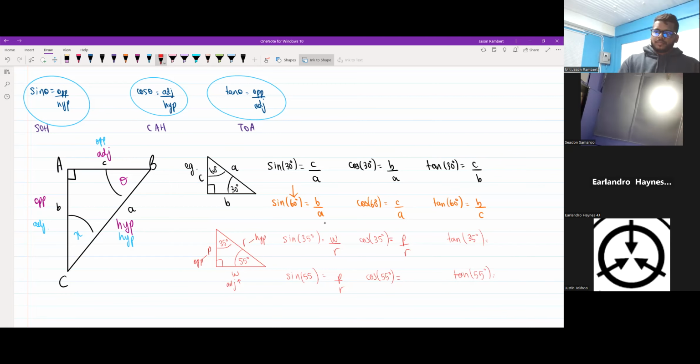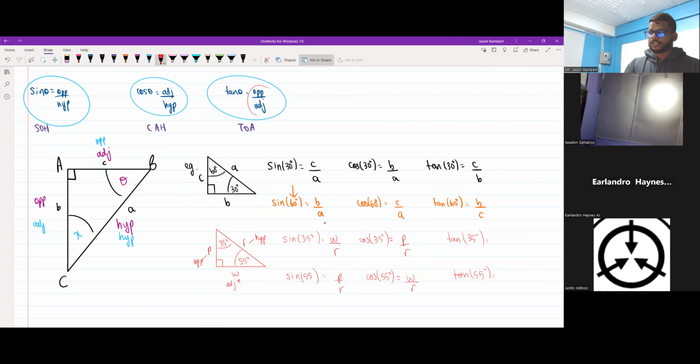Good. What's the adjacent in this triangle? W. What's the hypotenuse? R. See it? Yes, sir. W is the adjacent and R is the hypotenuse. Adjacent over hypotenuse.